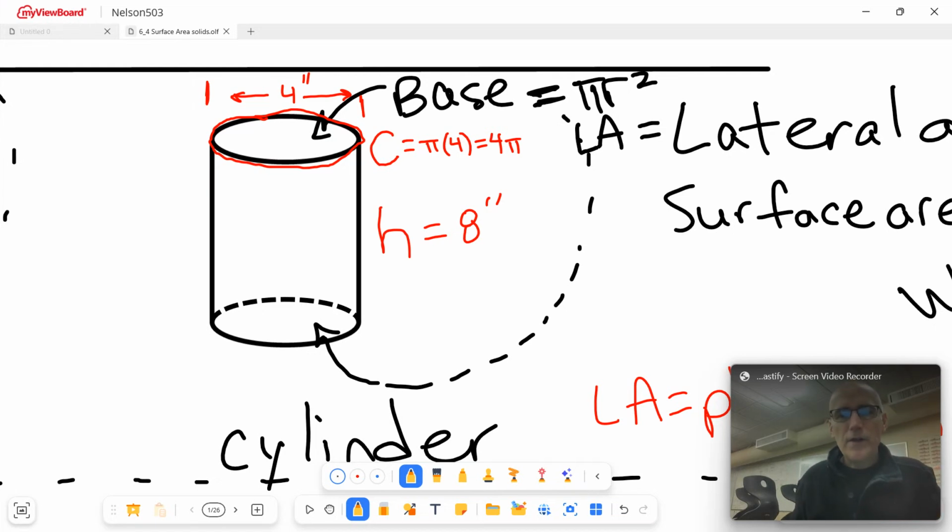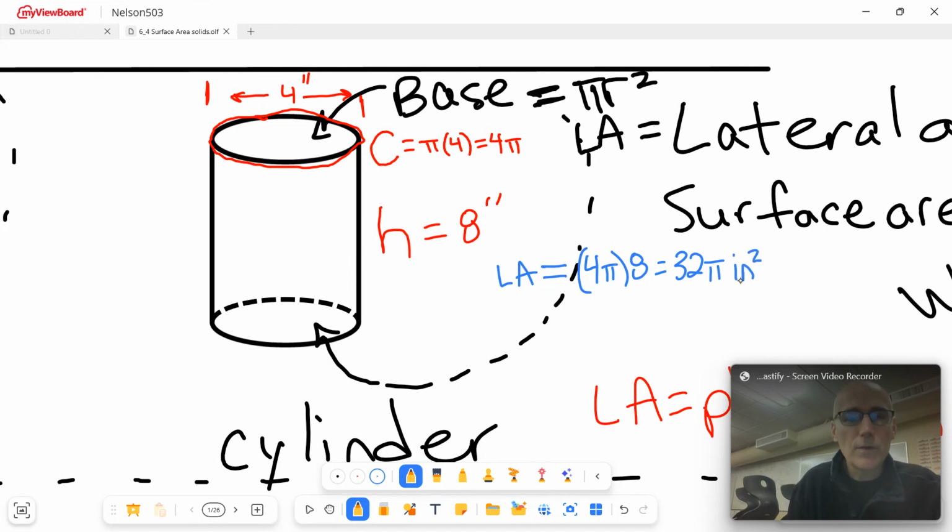And then what I'm gonna do is multiply that by 8. So my lateral area is coming out to be 4 pi times 8, which comes out to be 32 pi. And this is in inches, and it's area, so I'm going to go square inches, right? How many squares would fit on the sides of this object?